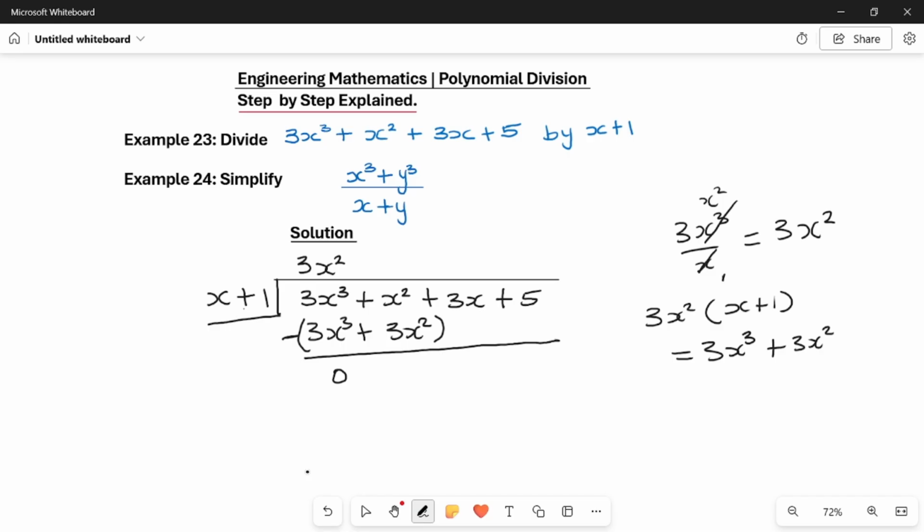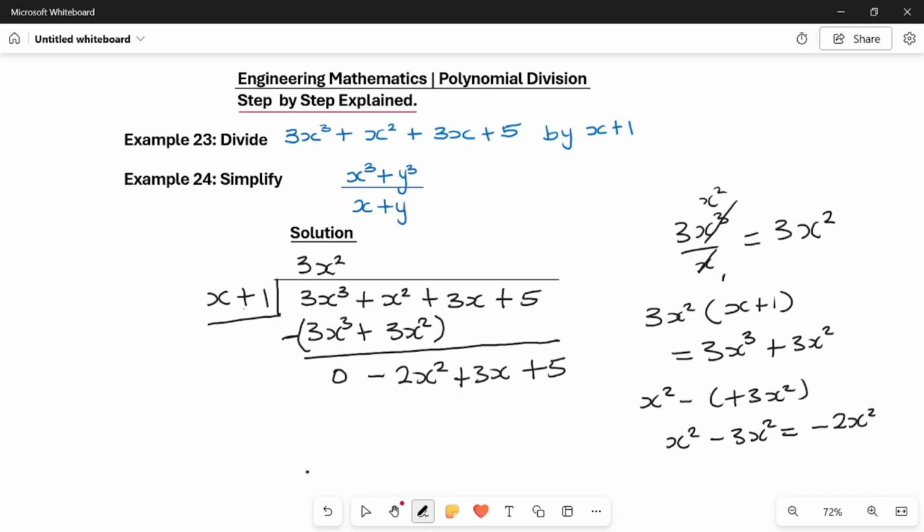So this sign will change, and it will give us minus 2x squared. So you write it here, minus 2x squared. You bring down the remaining values, plus 3x and plus 5.